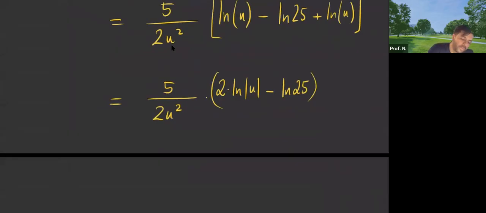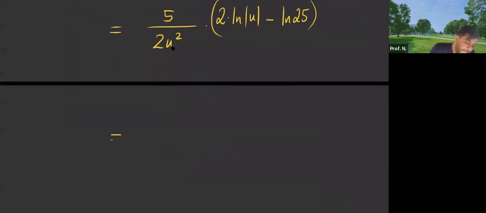So I'm going to do a bit more simplification here because I realize I can put them together, and it'll be a little bit better. So I can write this as ln of u squared over 25.